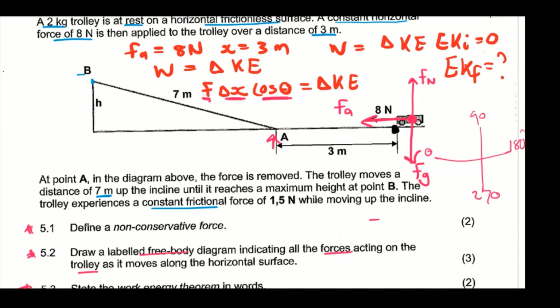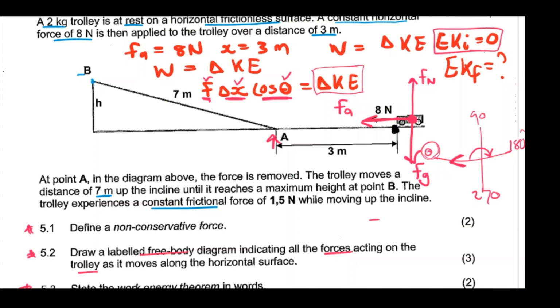Remember that the Cartesian plane of physics and maths are different. If the object is moving in that direction, the angle is 0. But if there was friction acting, then the angle would be 180. So now we know the angle, the force and the distance, and I told you that the initial kinetic energy is equal to 0. So we're just going to use the formula for the final kinetic energy to calculate further.